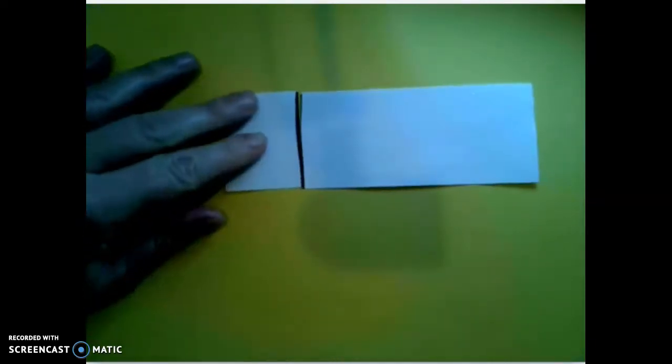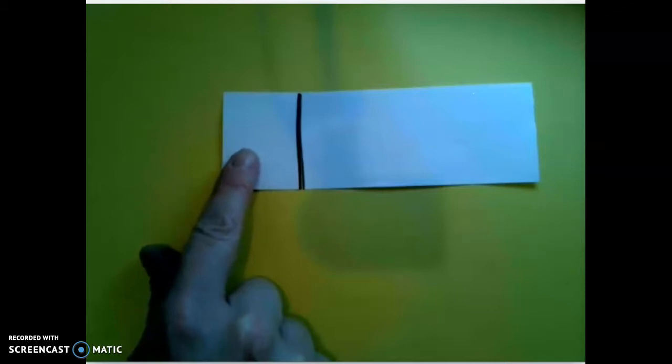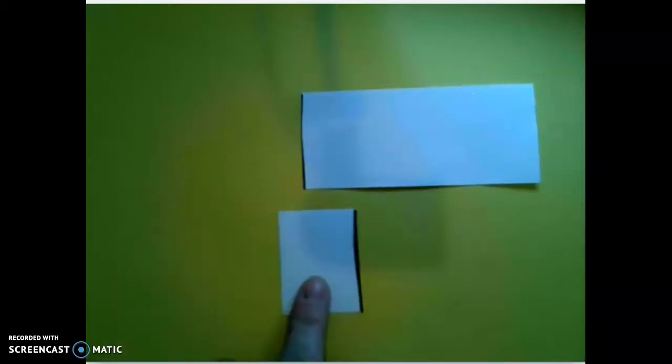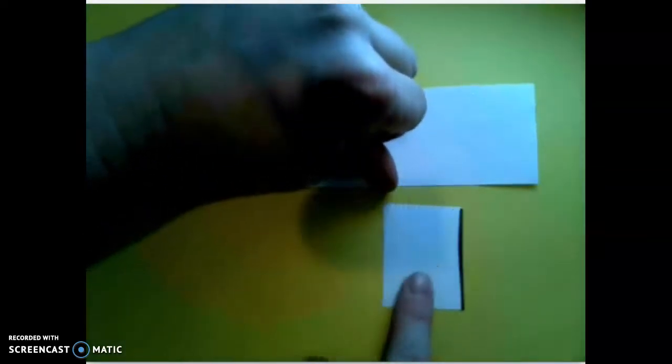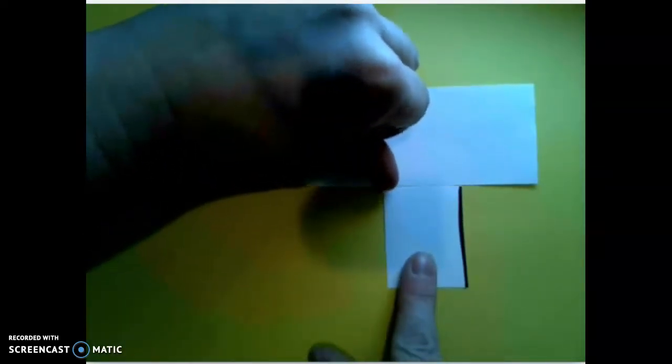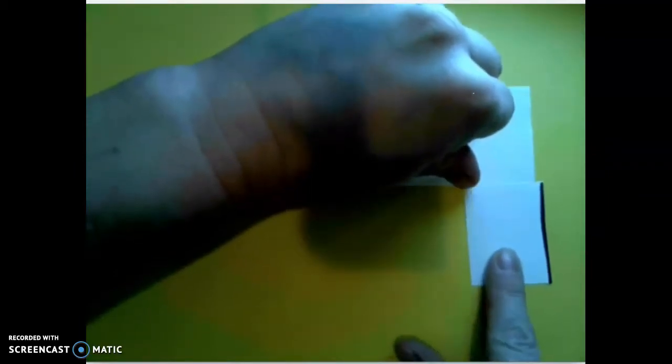And I can remind myself, okay, so this is still part of the whole, so that's 1 part. There's 4 of us total, myself and 3 friends, so 1 part, 2 parts, 3 parts, and 4 parts.